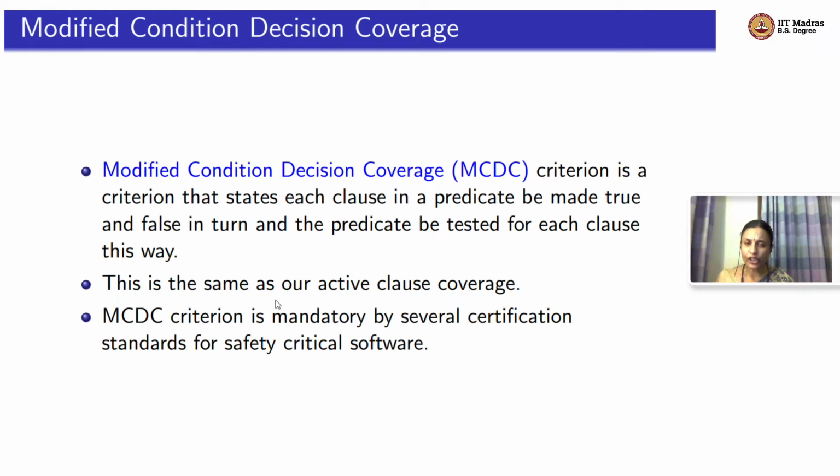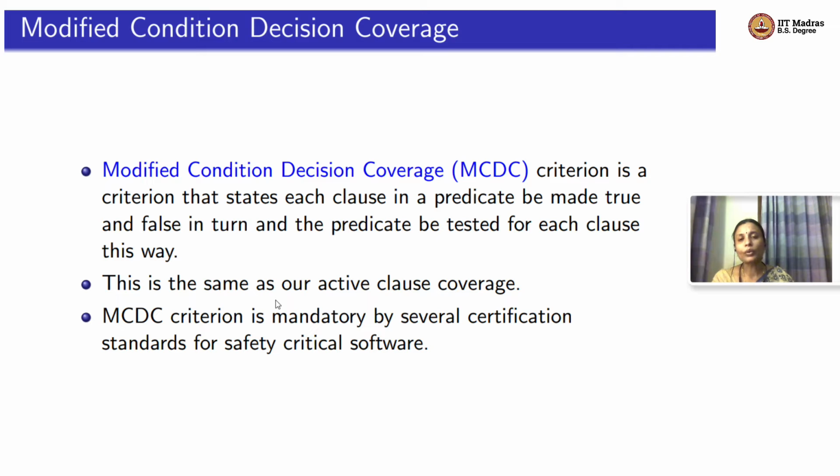Individual conditions in the decision are the clauses. I modify conditions individually. That is, I consider each clause to be the major clause individually, assign it true or false, that is the modification, such that the decision or the predicate is covered. That is, it becomes true or false once again. So MCDC that you find otherwise in the testing literature is what we call active clause coverage.